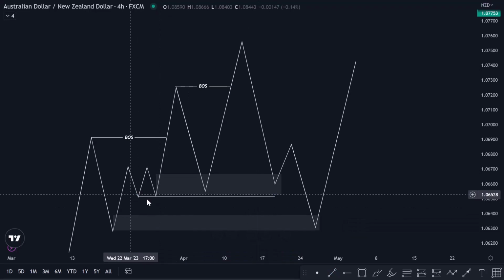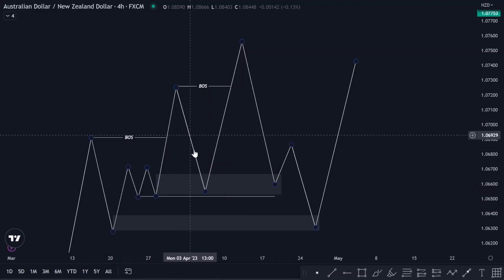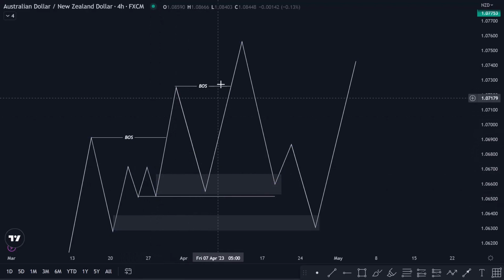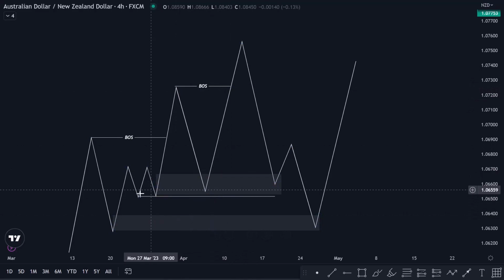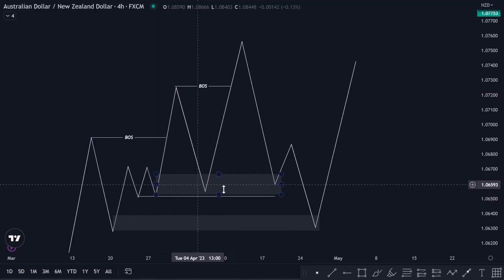See? We had equal lows. So whenever we have any type of liquidity before the breakout structure, we don't take that one. Even if this was the lowest point in here, and we had equal lows, we won't take it. Even though this is the lowest point in this breakout structure, this is still invalid because we have liquidity just under it. So this is not valid.